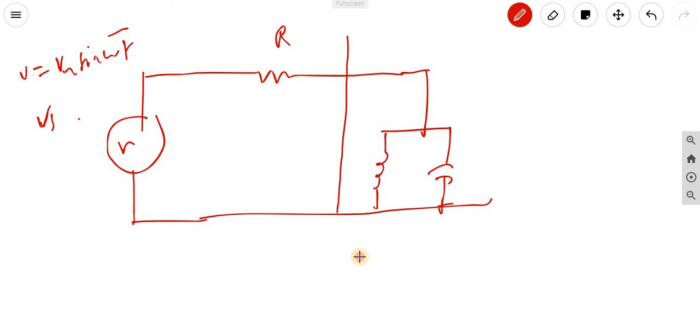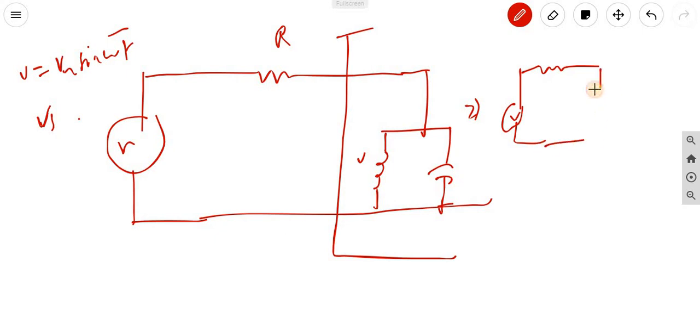So up to this network, it is the equivalent of an RLC parallel combination. In this network, this is R and there is an equivalent of something.